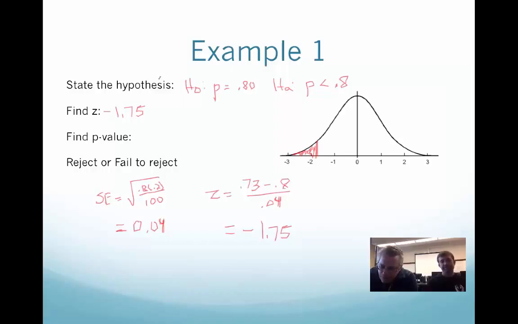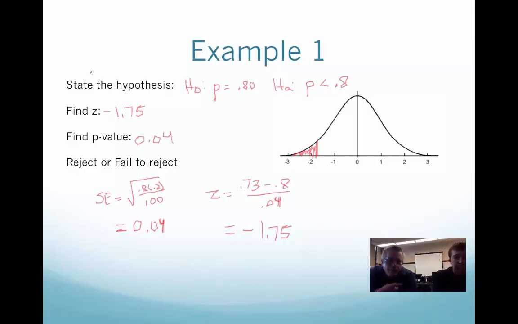We'll use normal CDF with lower limit negative a million, upper limit negative 1.75, mean 0, standard deviation 1. The p-value is 0.04.